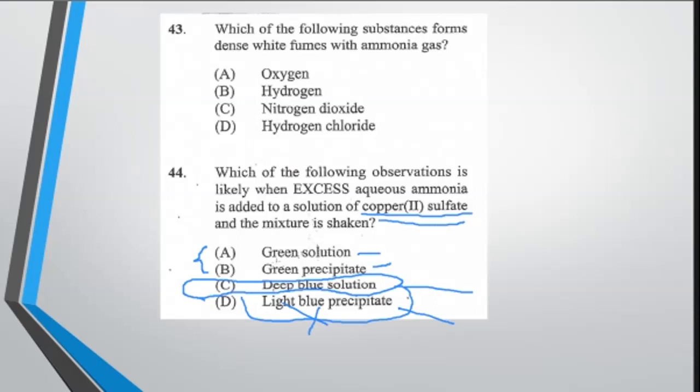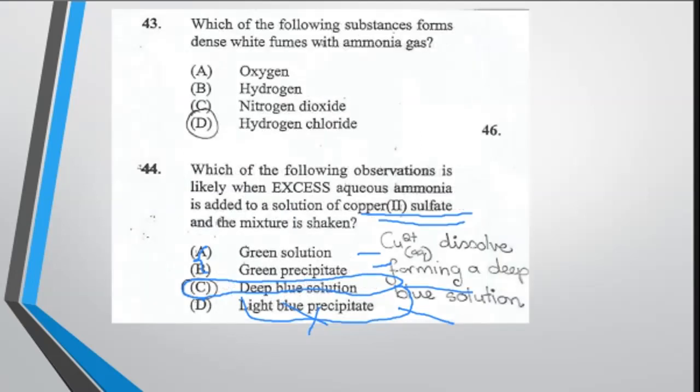All we added was aqueous ammonia, so you're expected to get a deep blue solution. That tells us that the copper(II) ions inside of the copper sulfate dissolve. So we had the formation of a deep blue solution. The answer should be C as in cat.